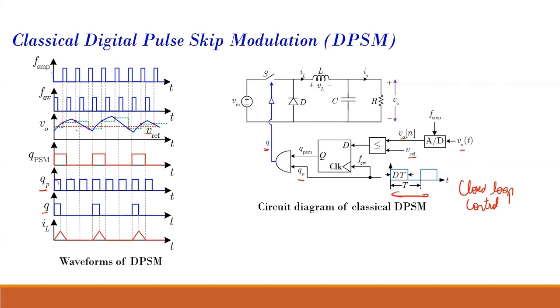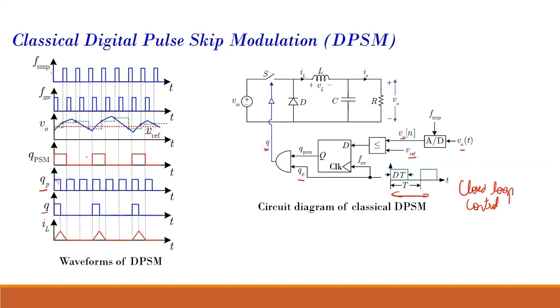Here and here, my output voltage is already more than the reference voltage. If I give these pulses, it will further increase the output voltage, and that is not what I want. So when the output voltage is more than my reference voltage, I will disable this. My QPSM will be zero.